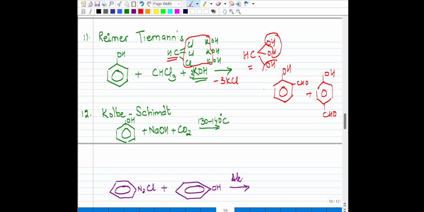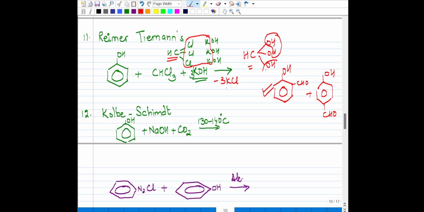Okay, this ortho product is known as salicylaldehyde, so this hydroxy benzaldehyde is there. This is salicylaldehyde, which is important and used for preparing medicines, especially analgesic medicines or painkiller medicines.